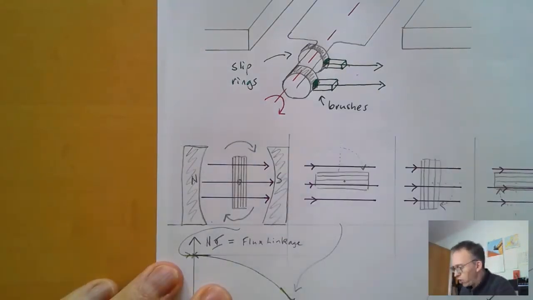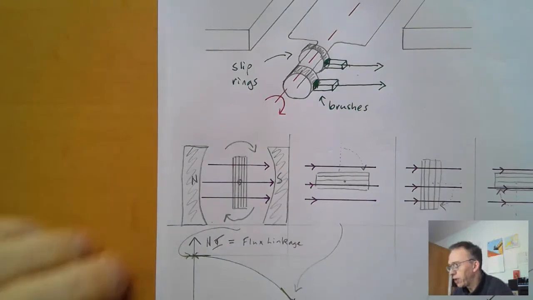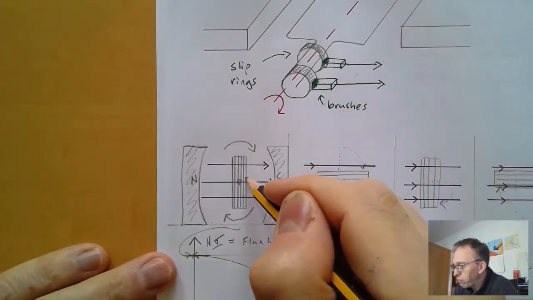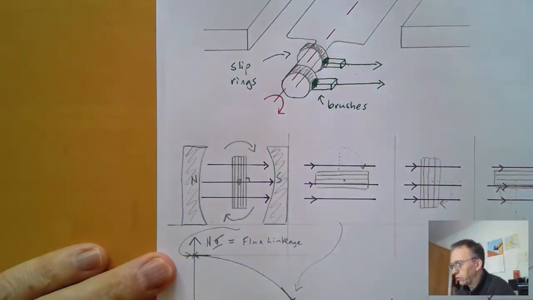In this first position, the coil is perpendicular to the field.